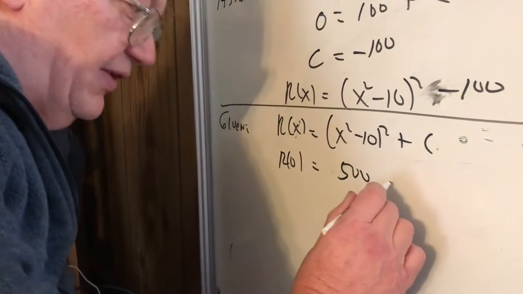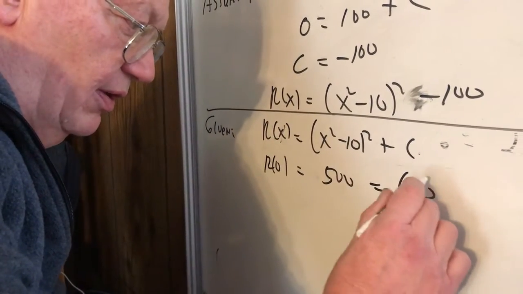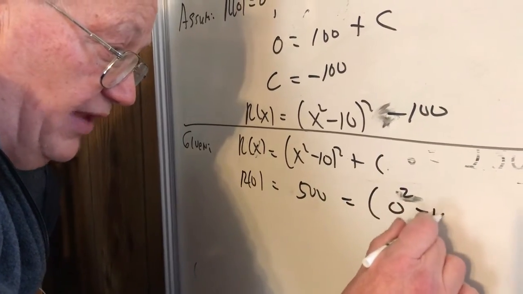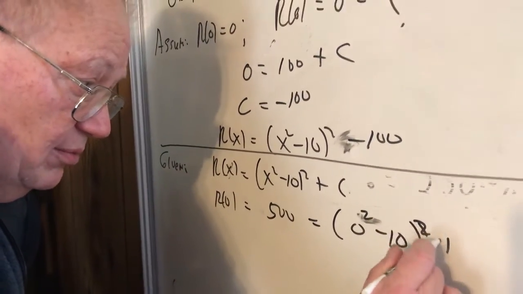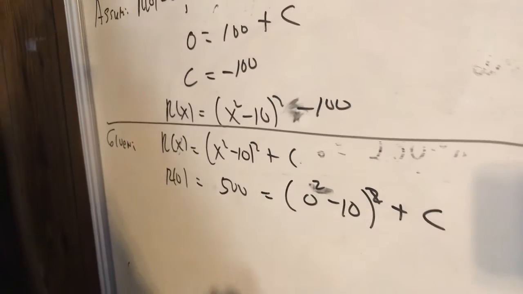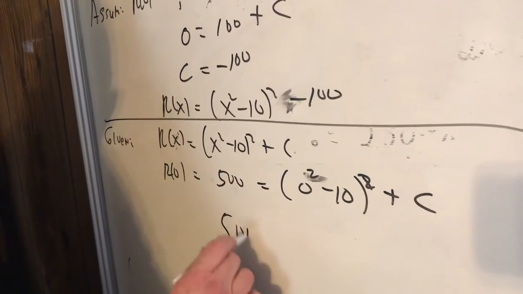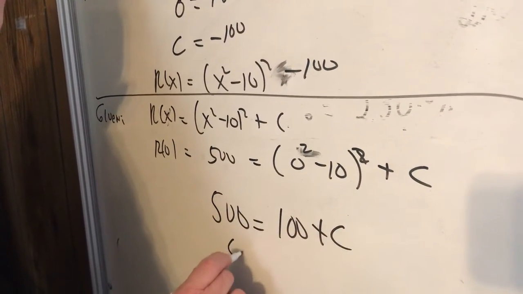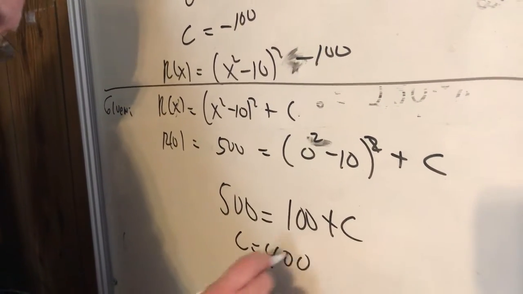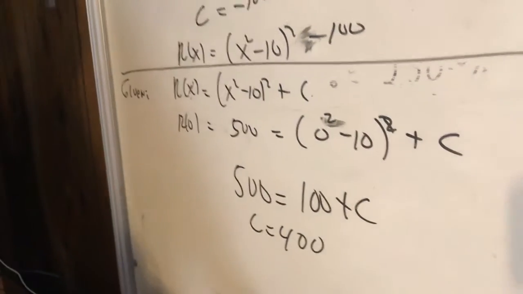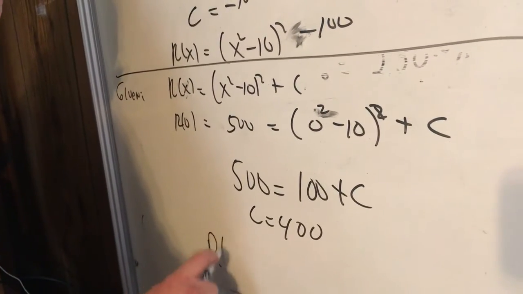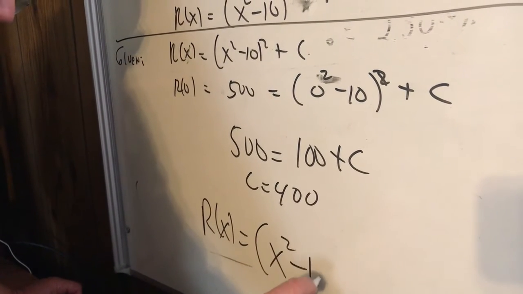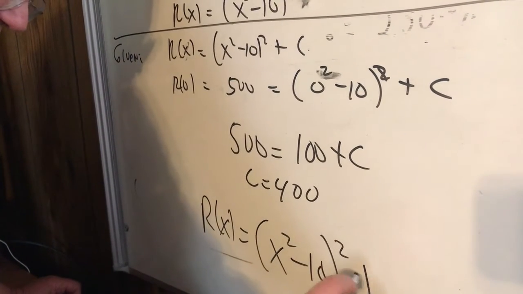Well, that would mean I would set that equal to (0 squared minus 10) squared plus C. So 500 would equal 100 plus C, so C would equal 400. So in this case, R of x, the complete function, is going to be equal to (x squared minus 10) squared plus 400.